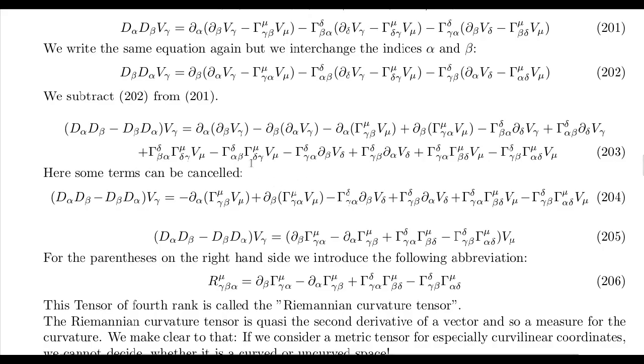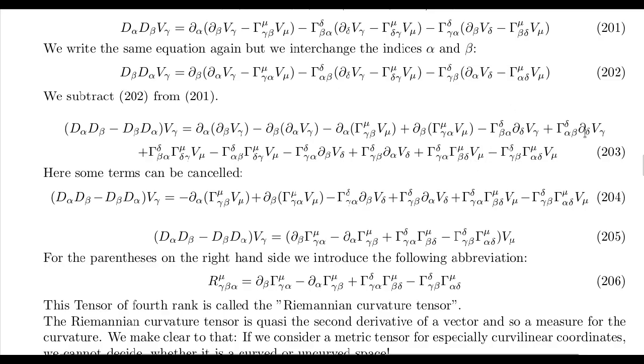The first 2 terms have only partial derivatives, and the order of the partial derivatives makes no difference. So this term is the same as this term. We have plus and minus, so we can cancel these 2 out. Then the next 2 terms, these are the first 2 terms here. They stay in the equation.